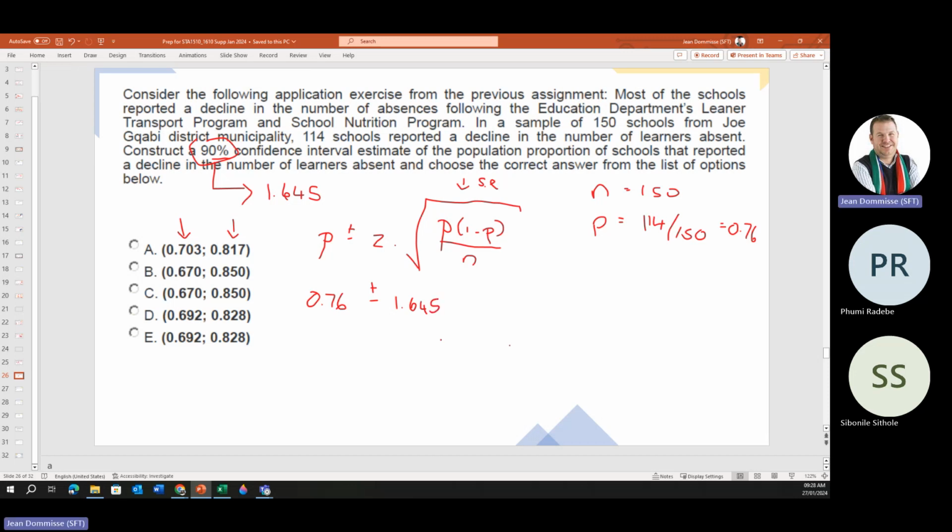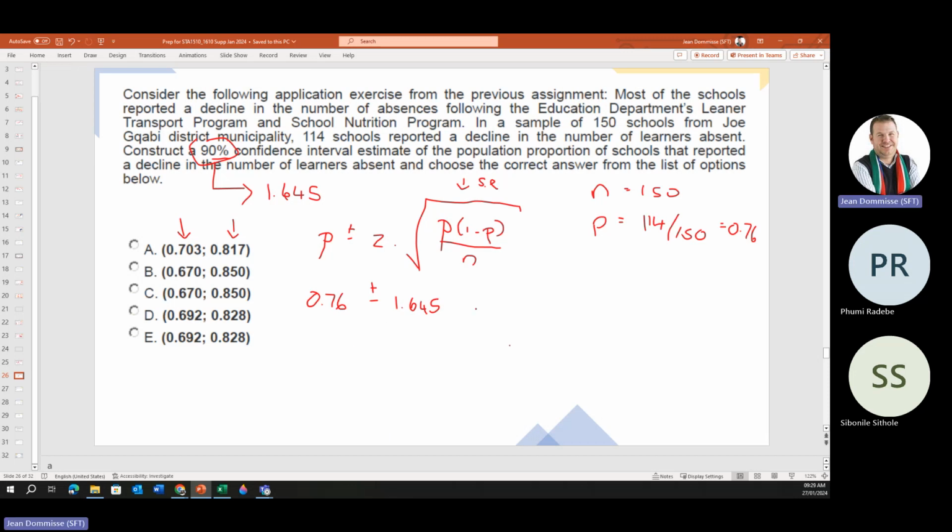So 0.76 times 0.24, divided by 150. Take the square root of that, and then multiply by 1.645.